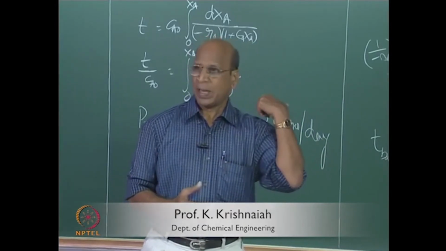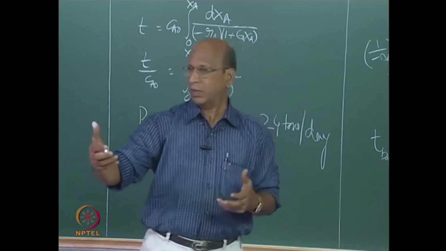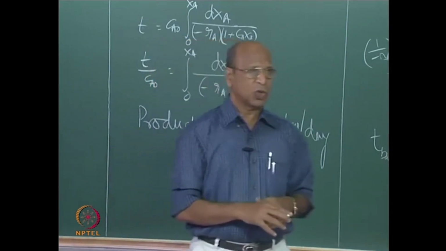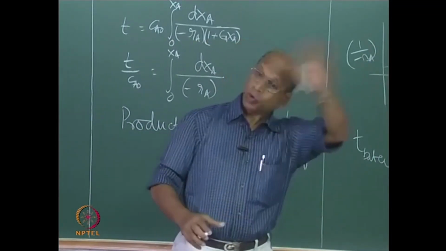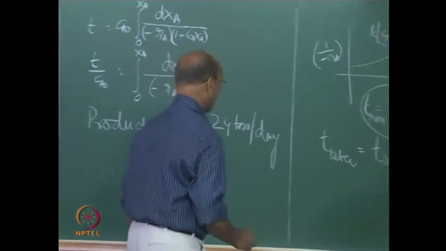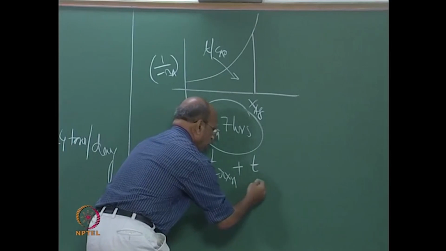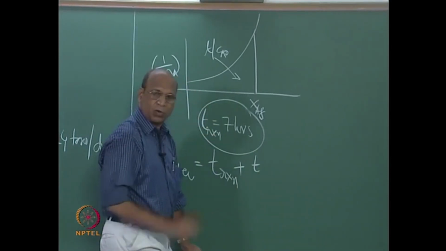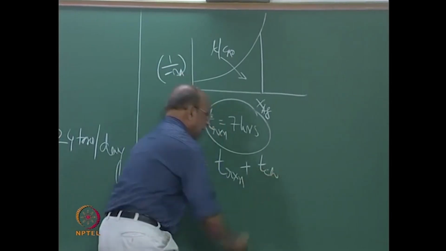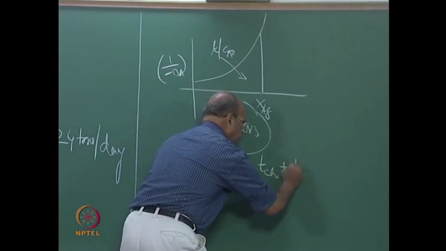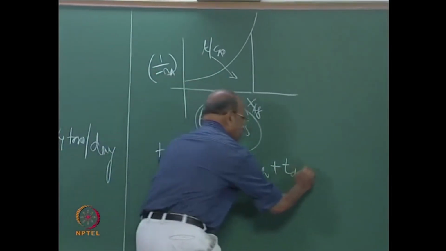I told you we choose batch reactors because of the flexibility in products, so the earlier products may contaminate the present batch, which is why I have to clean it. So it is T charging, T discharge, plus T cleaning.